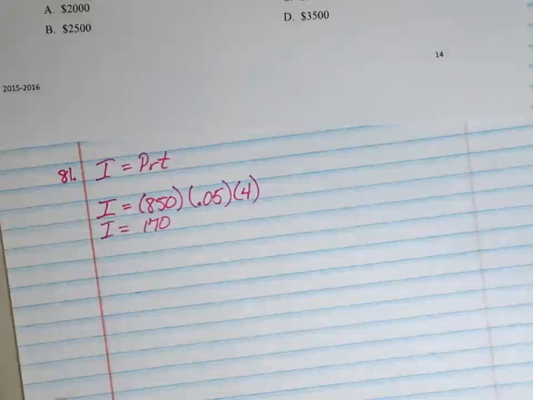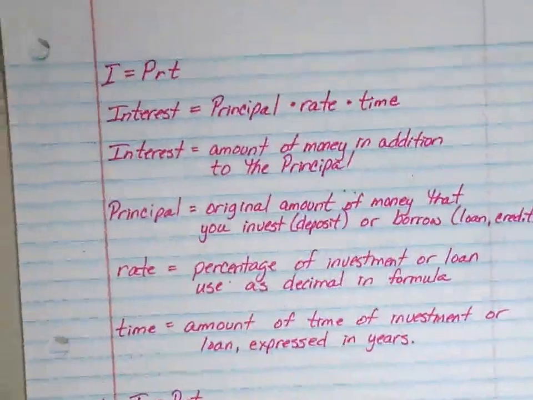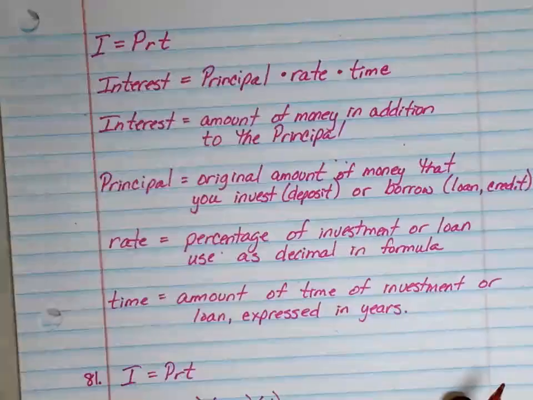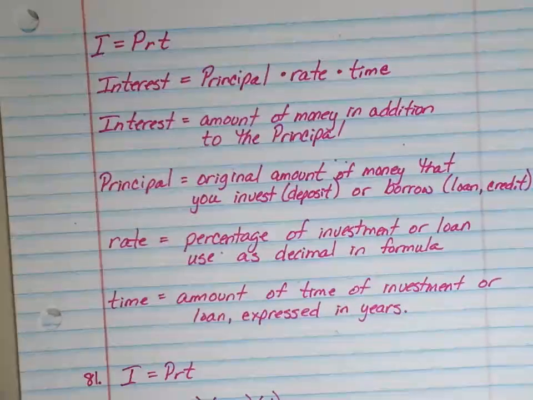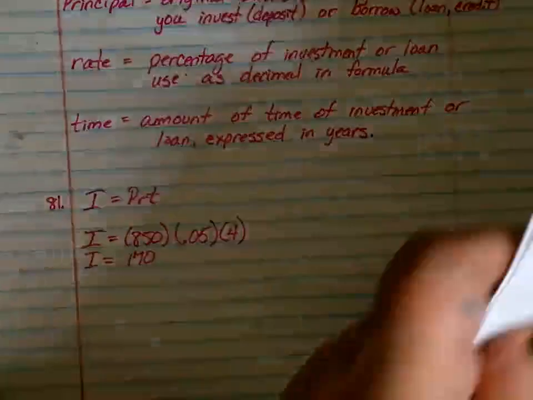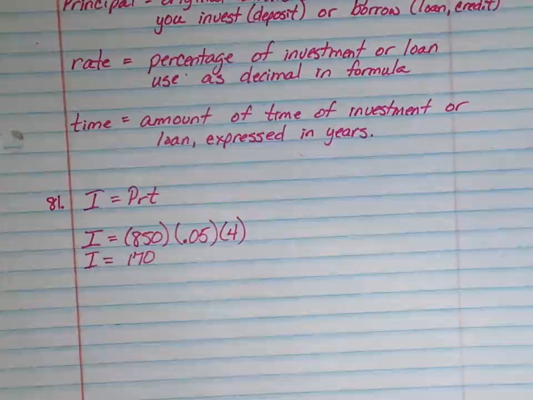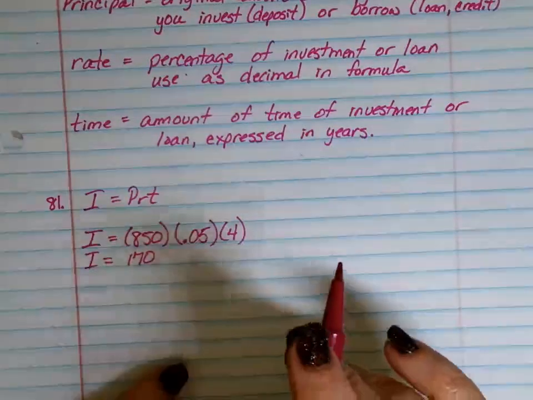It went down. So interest, go back and look at our definition of interest. The amount of money in addition to the principal. So the interest is the money in addition to her principal that was in her account. So how would I find out what the total amount is in her account?